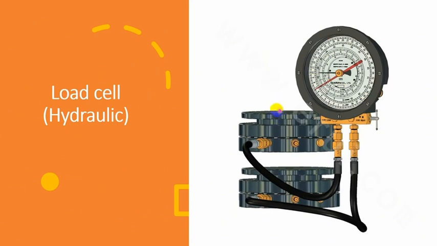So the injector weight rests on this flat surface, pushing against the diaphragm, the diaphragm compressing oil. Compressed oil goes through this hose to be read in this weight indicator. It can be, as we said, tension or compression.